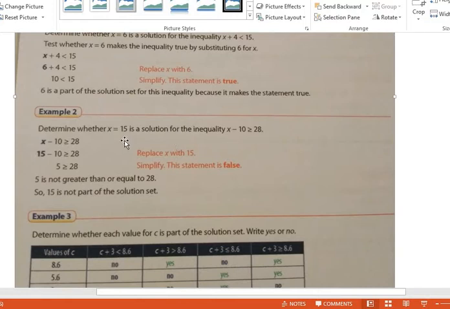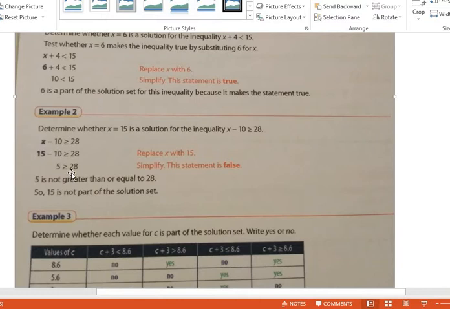Substitute 15 for x. 15 minus 10 greater than or equal to 28. 15 minus 10 is 5.